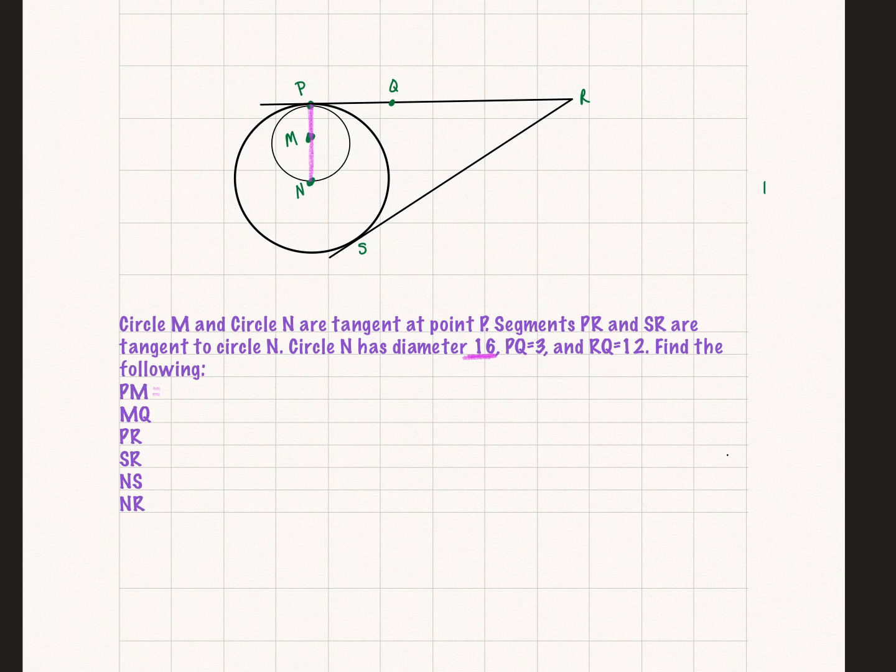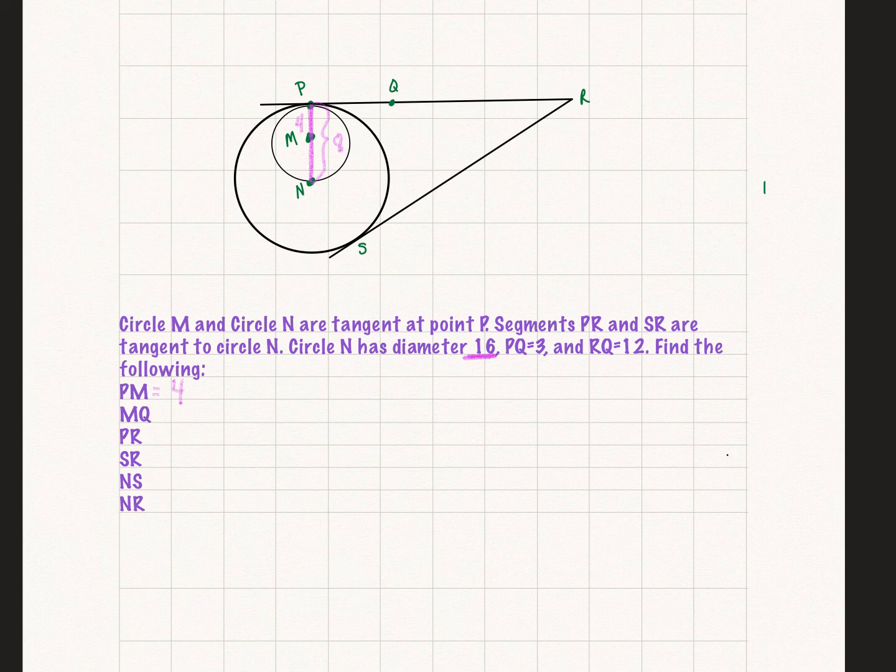So that means that the radius here is going to be 8. So that means that PM is going to be 4. And guys, if you want to work on this yourself, again, pause the video, give it a try, and come back and see how you do.